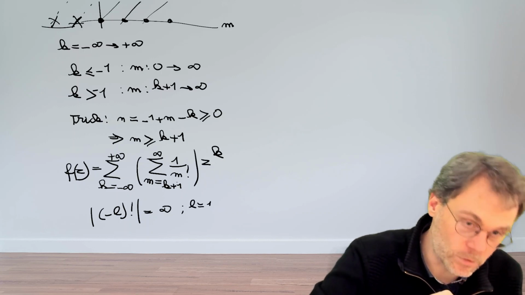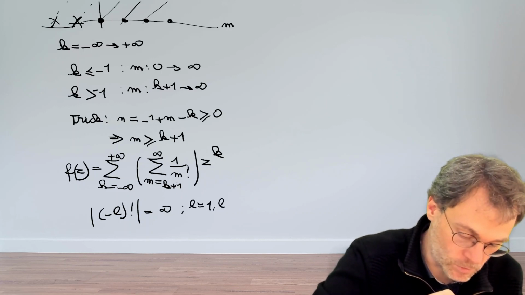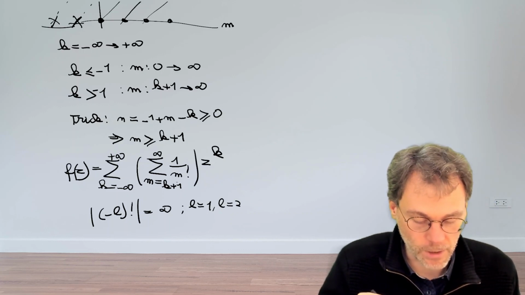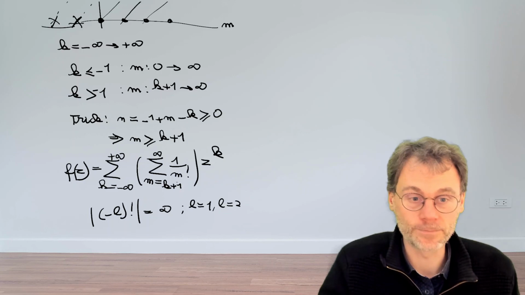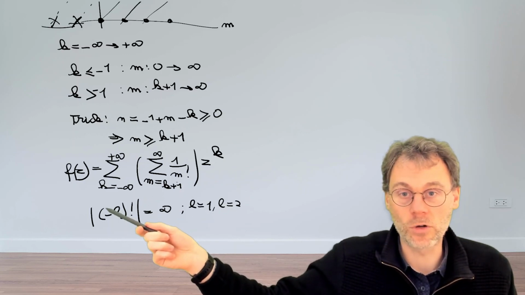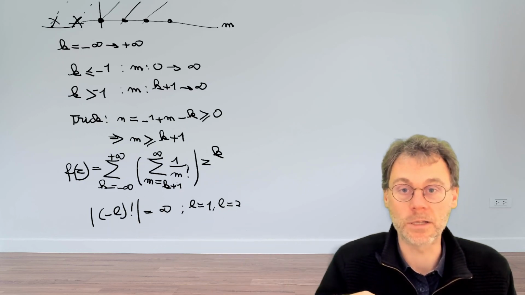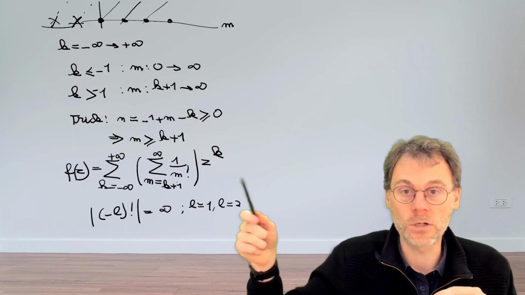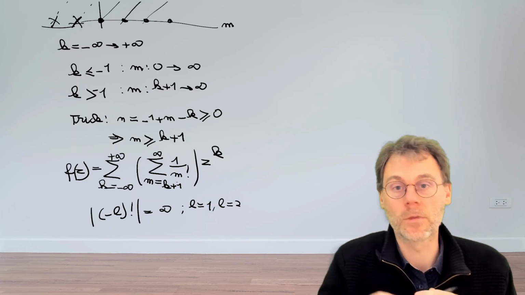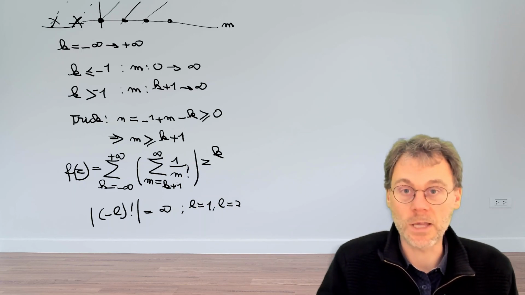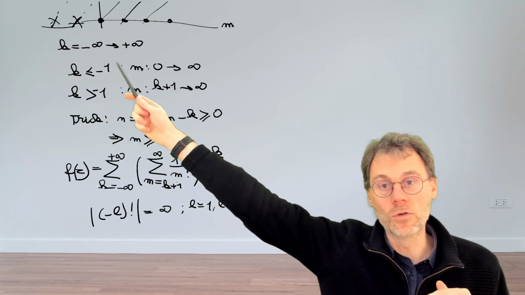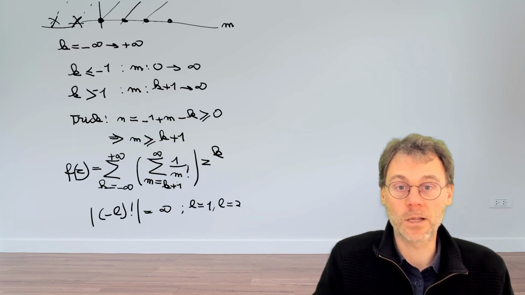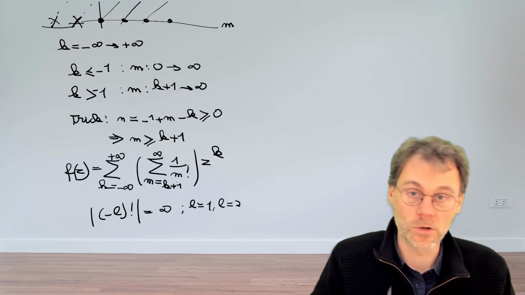So if L is equal to 1, 2, or 3, so all of these negative factorials will either be plus or minus infinity, which means that if you look at 1 over these factorials, that they will all be 0. So the good news is we can safely reintroduce these ghost terms here to simplify our lower bound, simply because of the fact that the extra terms that we add are 0 anyhow.